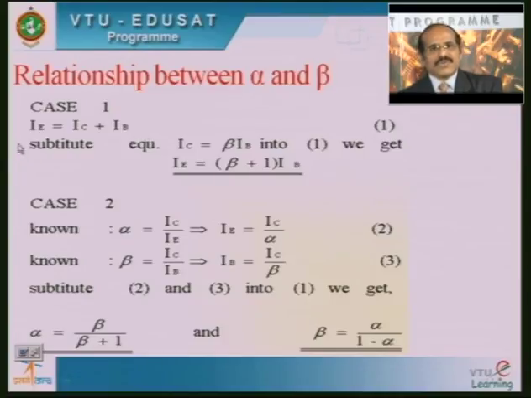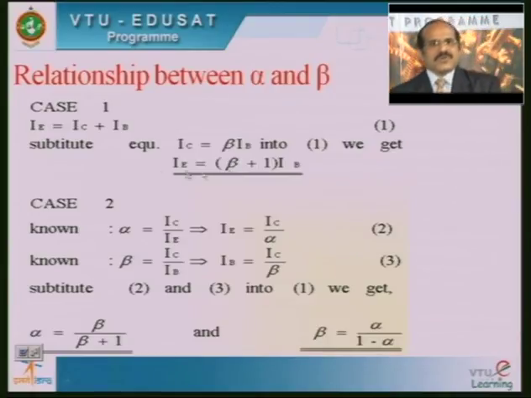So if you substitute IC equals beta IB into equation 1, what will we get? IE is nothing but beta IB plus IB. If you take IB common in the bracket, I will be left with beta plus 1 here.